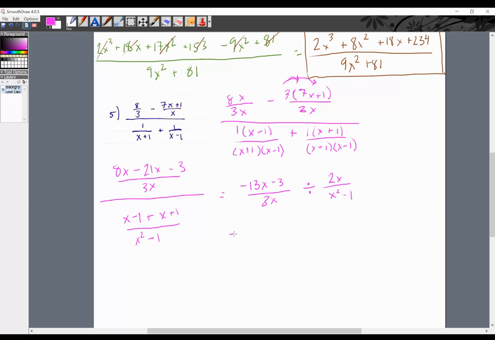I'm going to keep the first fraction as it is. Change the division to multiplication, then flip my last expression. And remember, when we multiply, we multiply straight across.